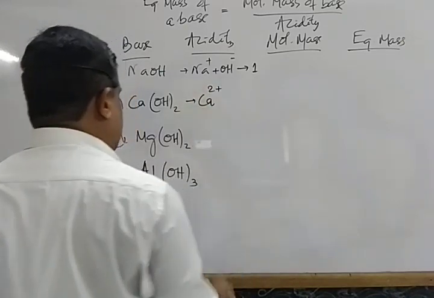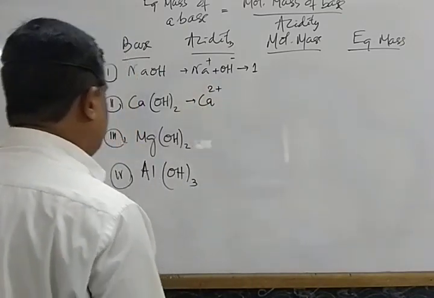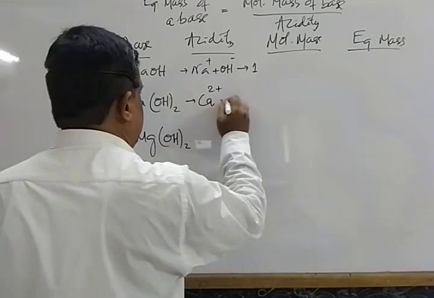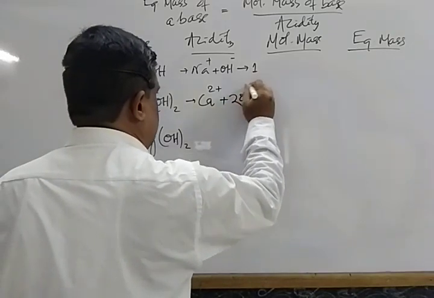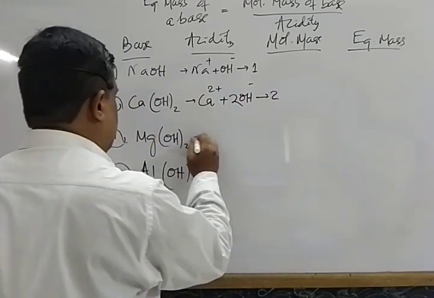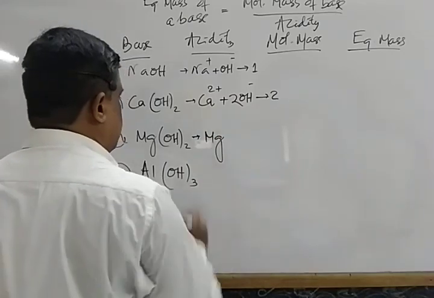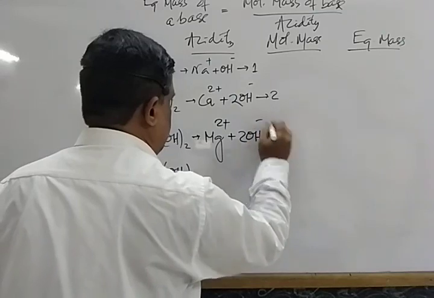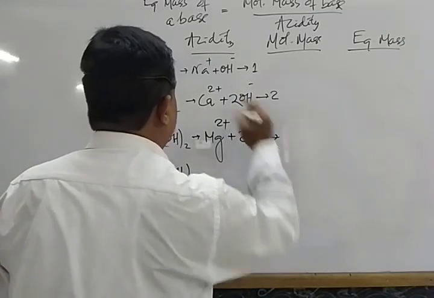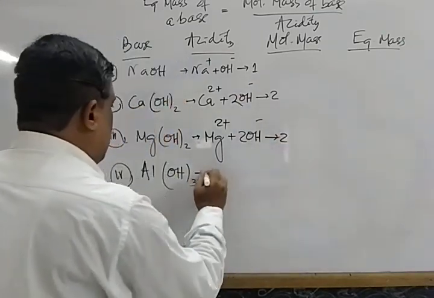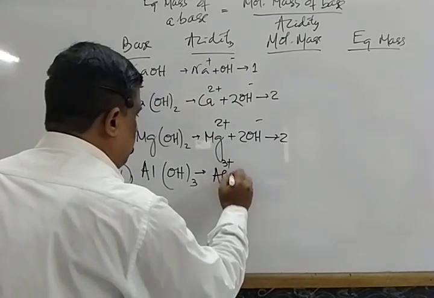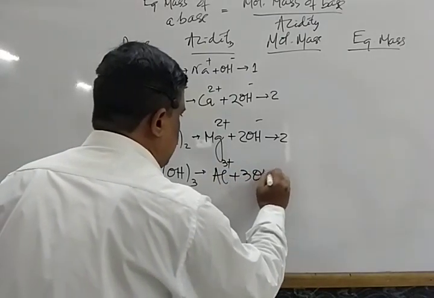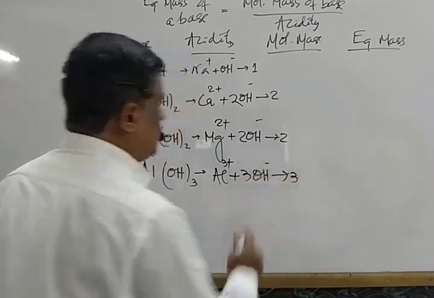When calcium hydroxide breaks down, it forms Ca2 plus and 2OH minus, so its acidity is 2. Magnesium hydroxide breaks down to form Mg2 plus and 2OH minus, so its acidity is 2. When aluminum hydroxide breaks down to aluminum ion plus 3 hydroxide ions, its acidity is 3.